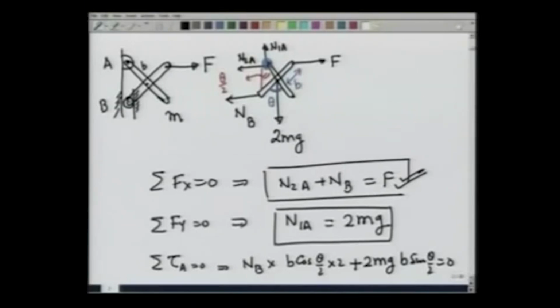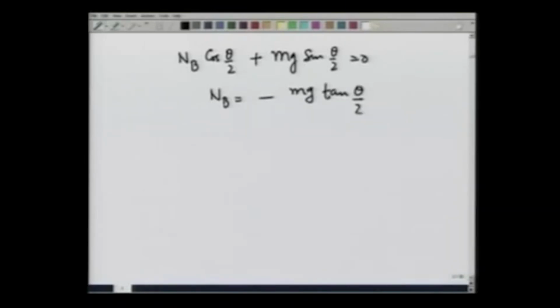The b drops out, this 2 drops out, and therefore I get NB cosine of theta by 2 plus mg sine of theta by 2 equals 0, or NB is minus mg tangent of theta by 2.